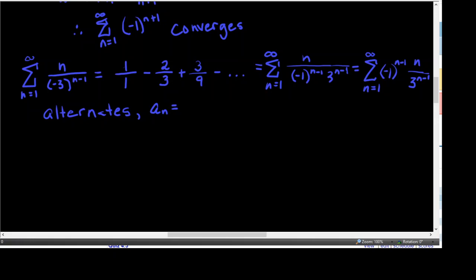Now we can identify a sub n very easily and clearly is n over 3 to the n minus 1. Okay, so that's an n. So let's enter the test.